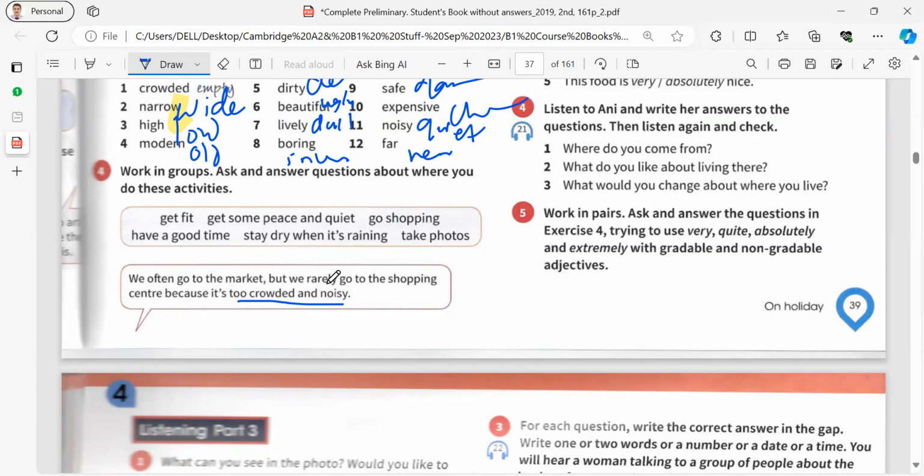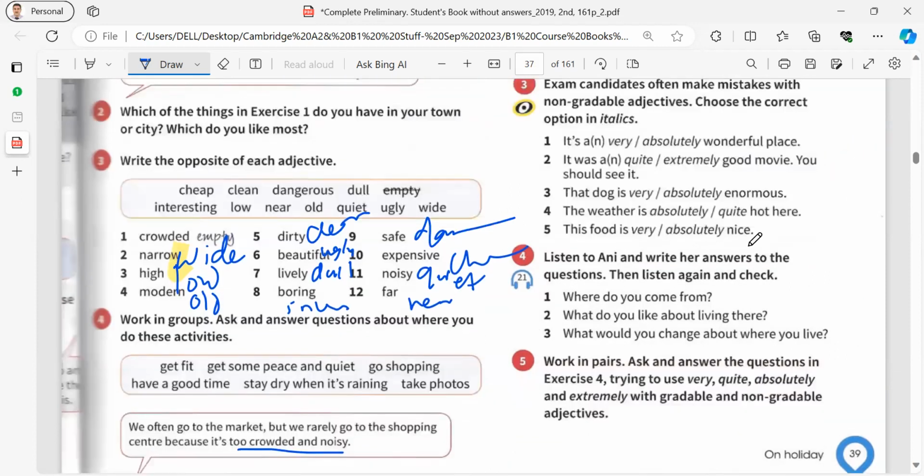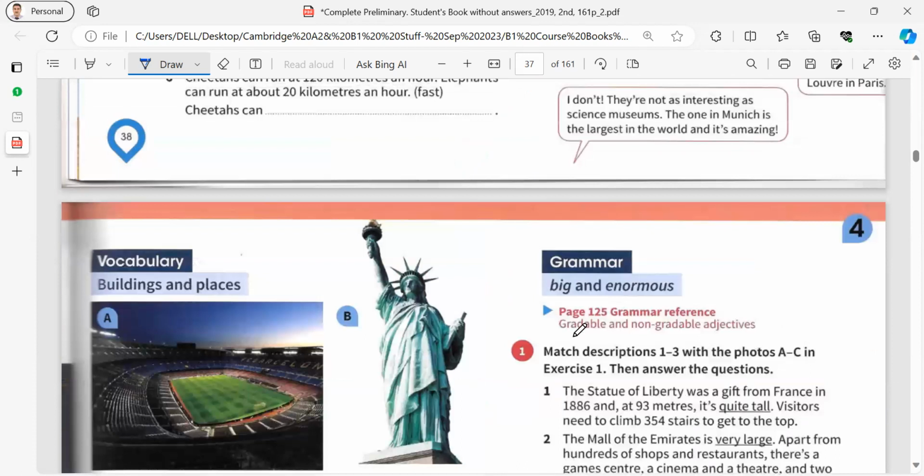I like it. And where do you go to get some peace and quiet? To the library. Okay, right.